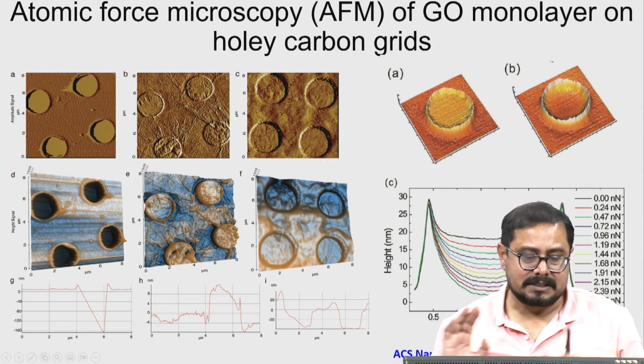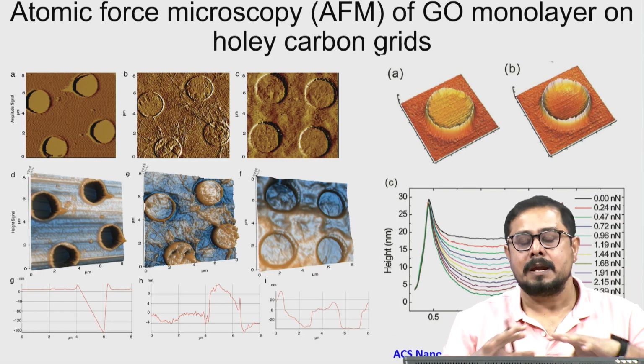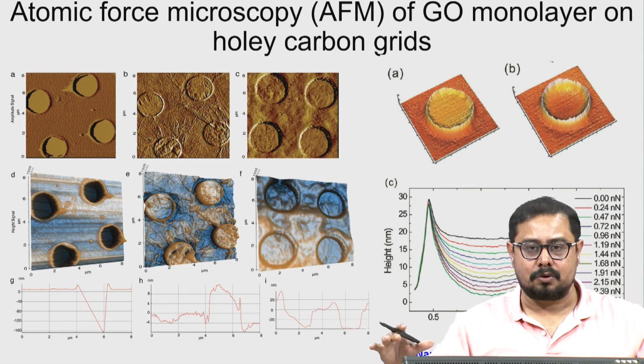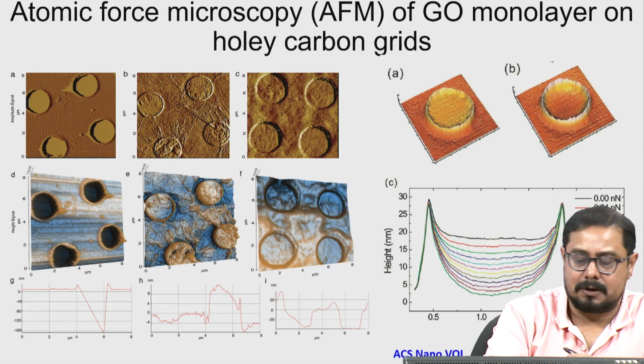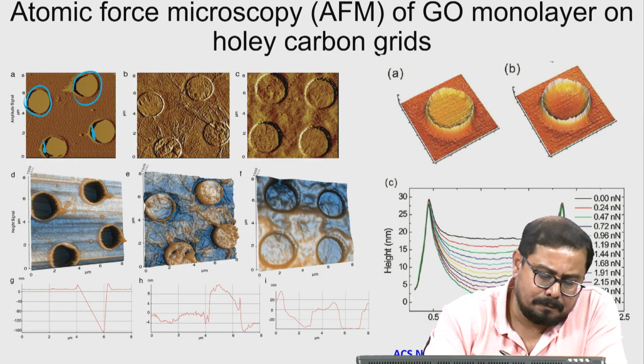What is the shape of those empty holes? If you look at this particular grid, you can see that this is an empty hole, and you can see the overall depth here. Now we are coating this grid.